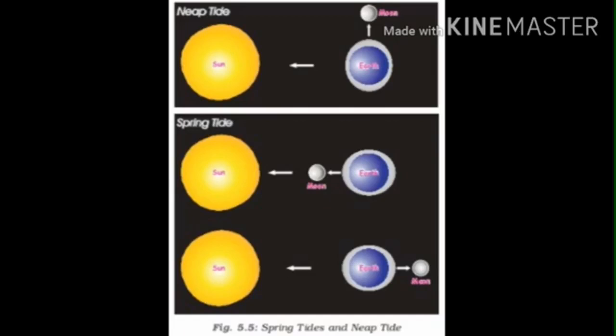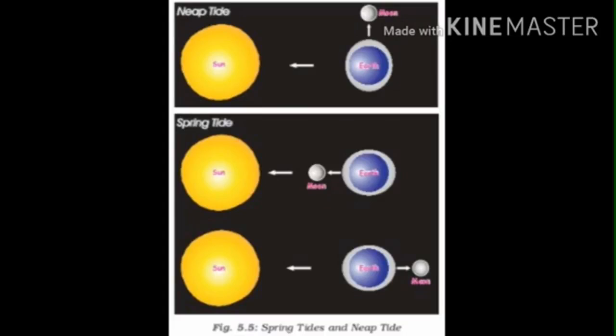Due to the gravitational pull of both the sun and the moon, high tides are formed. These tides are called spring tides.